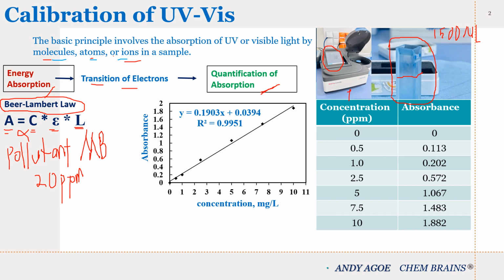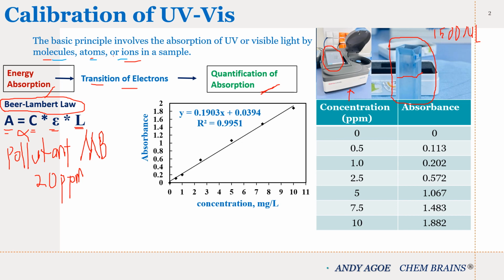Therefore, I would like to draw your attention to this specific part. Always note that every analytical equipment has its detection limit. Therefore, before you use any analytical equipment, make sure you know the detection limits of that equipment.